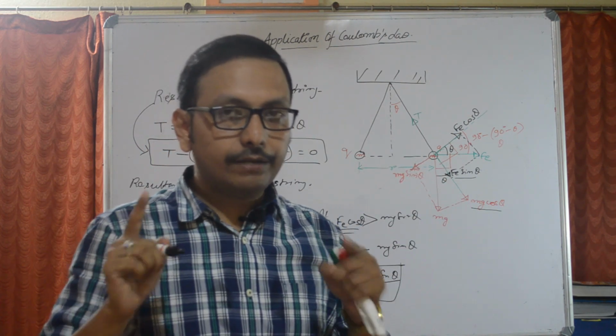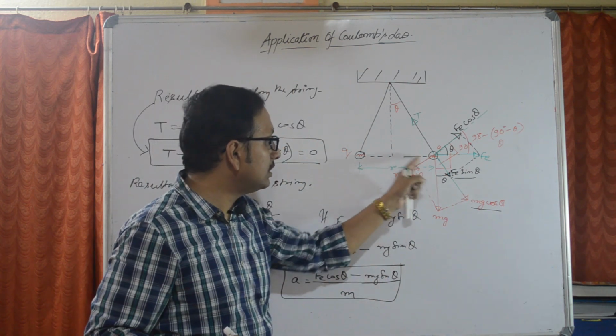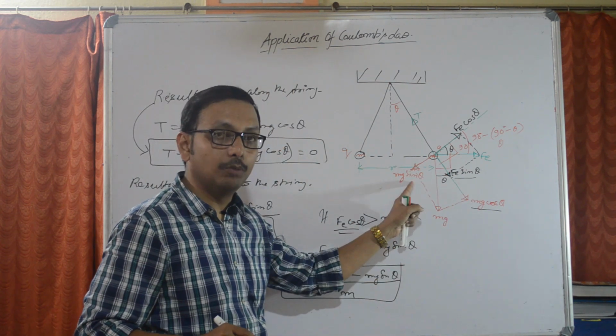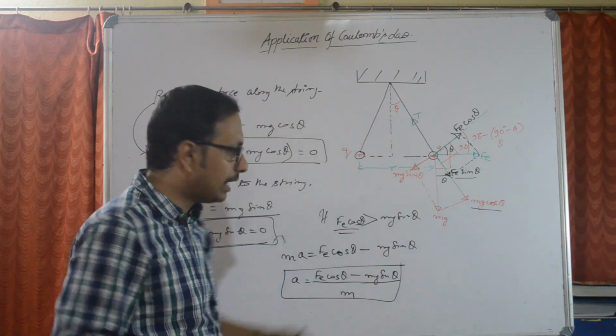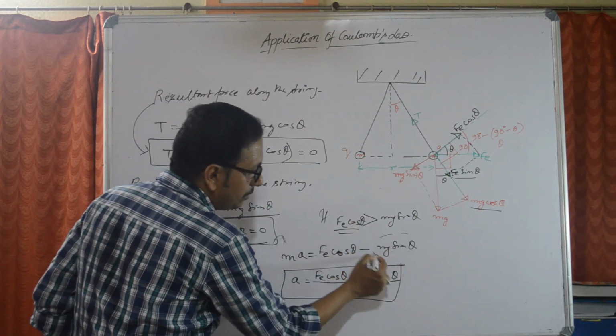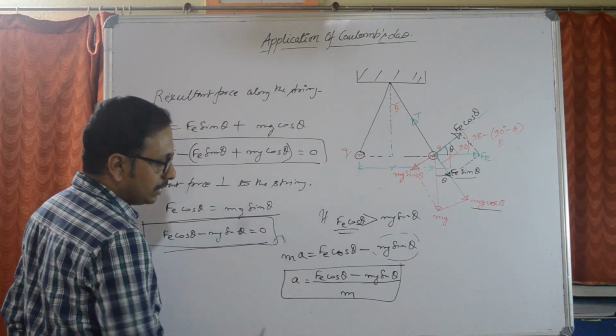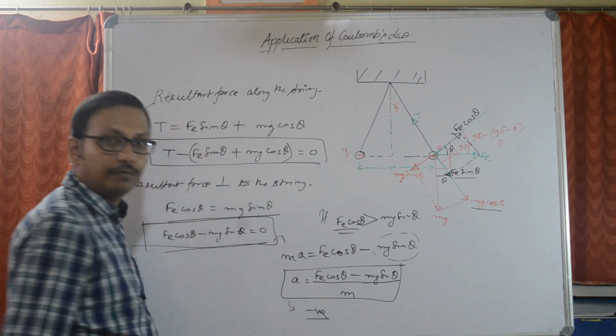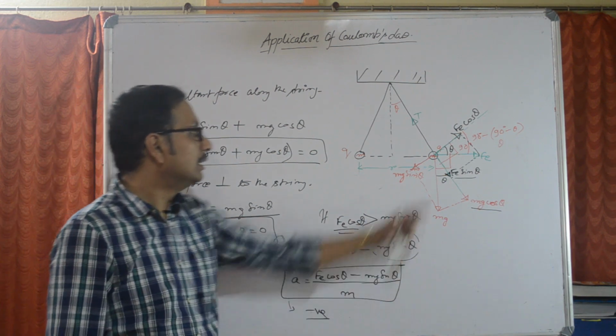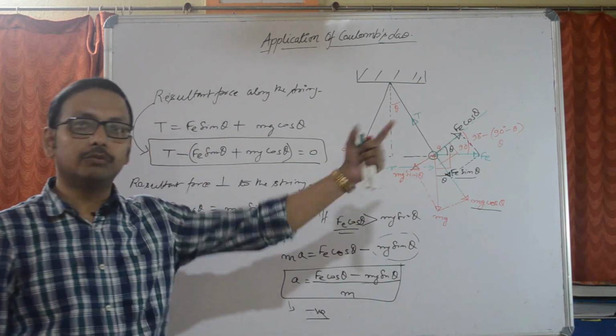Obviously the mg sin theta component of mg will be more, and it will overcome Fe cos theta and try to move down. You will get this answer in negative in that case. If you get this answer in negative, that means it's moving down, it's not moving up.